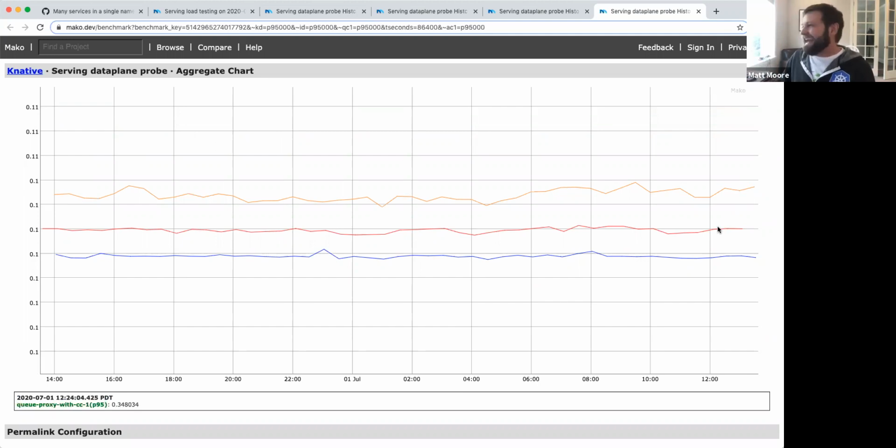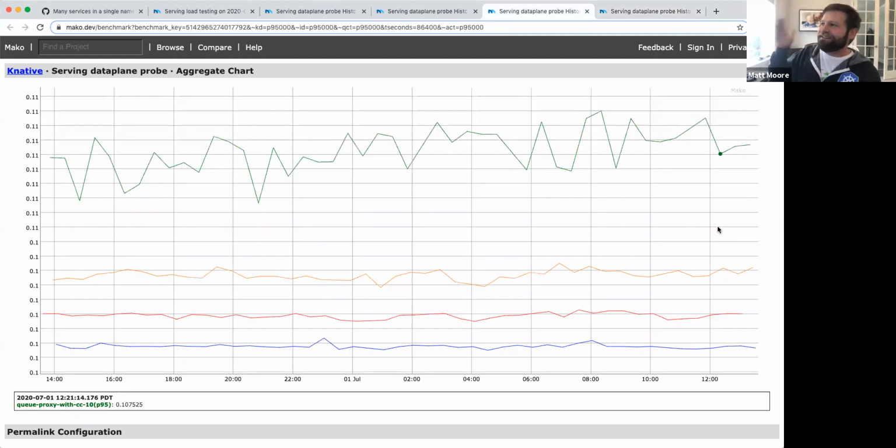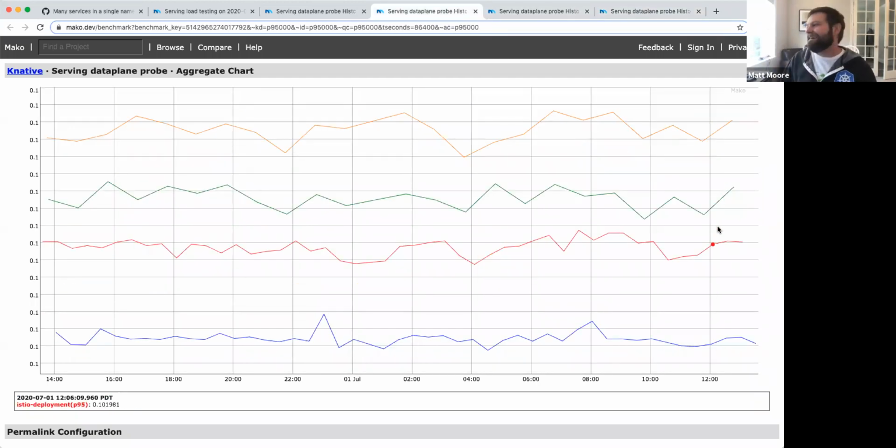So container concurrency 1, 10, 100, and unlimited, you actually get pretty good load balancing characteristics. And that inversion just blew my mind the first time we started to do some of this stuff, and it made me really happy.